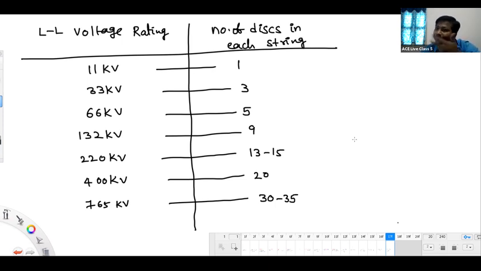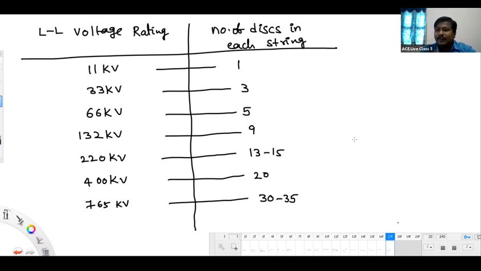If it's a shackle type insulator, it's a low voltage distribution system. If it's a pin type, you should check which pin. Is it multi-shell or single shell? Again, in multi-shell, is it small or big? If it's a big multi-shell, then it's a 33 kV level.